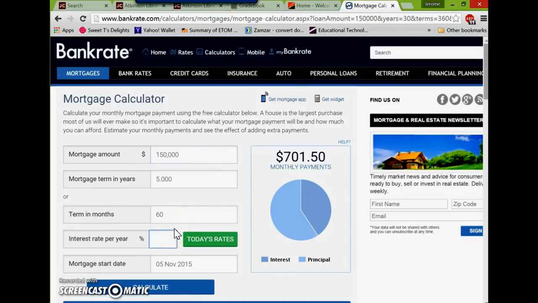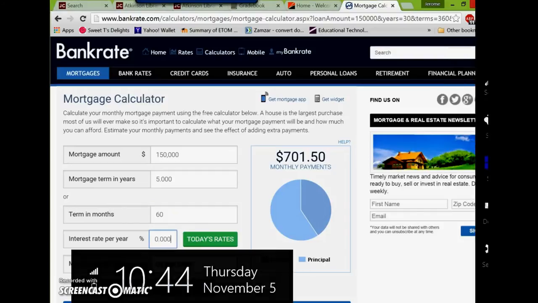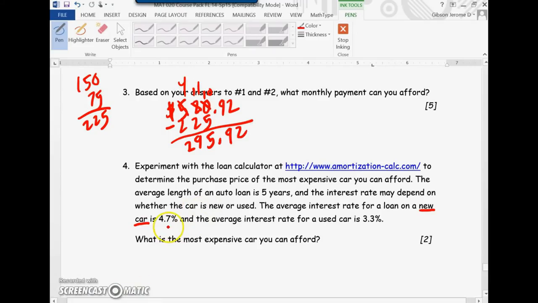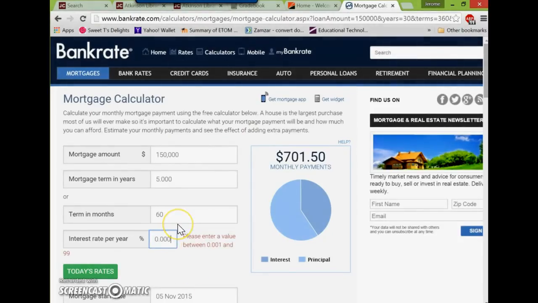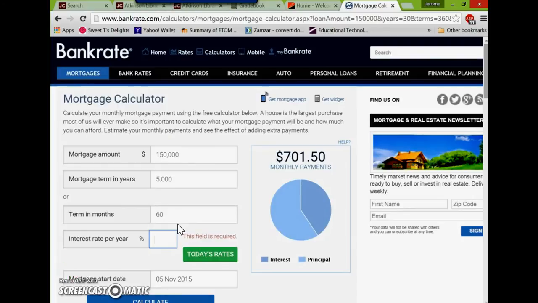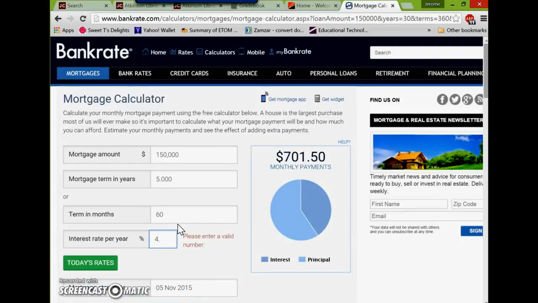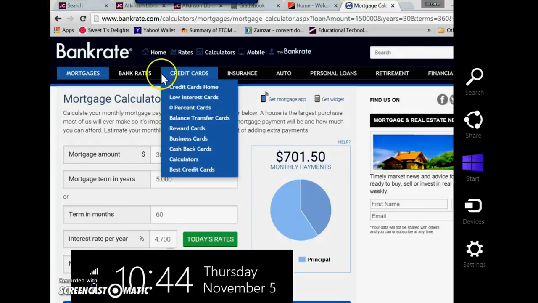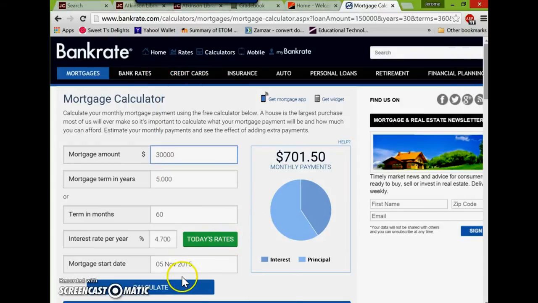Since I'm doing a new car, let's take a look at the interest rate here. The interest rate for a new car is 4.7%. So I'll type in 4.7 here. And then I need to play around with some numbers. So let's say that I type in 30,000. Then I'll click on calculate.